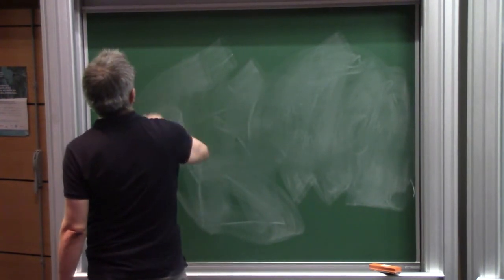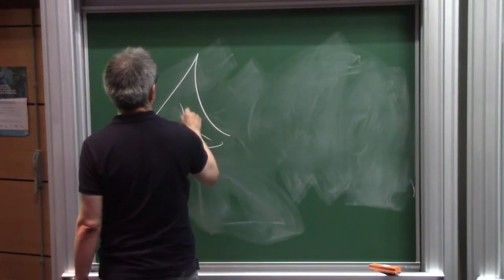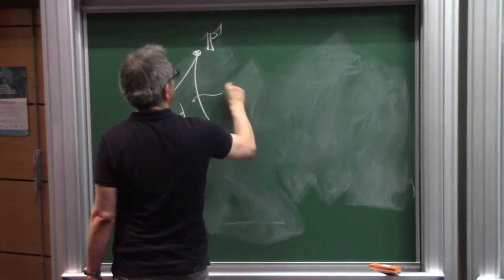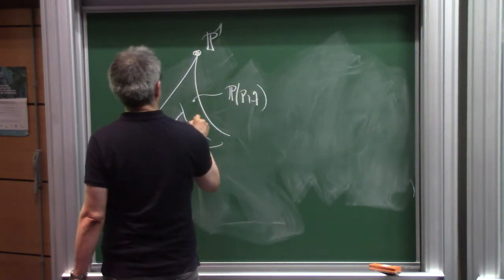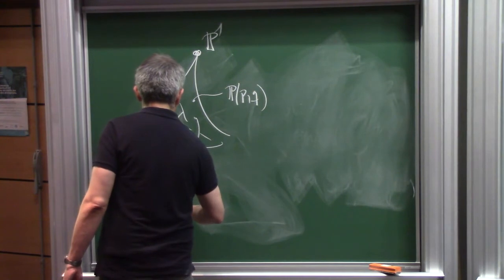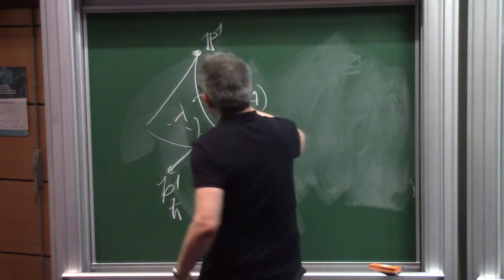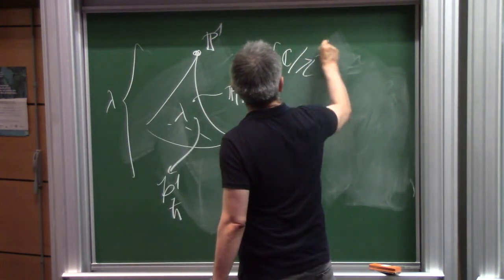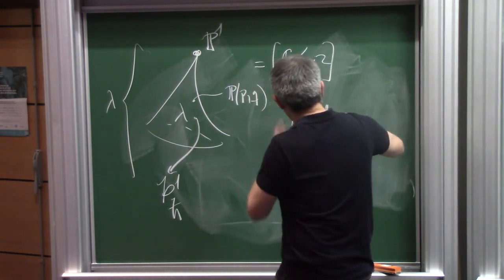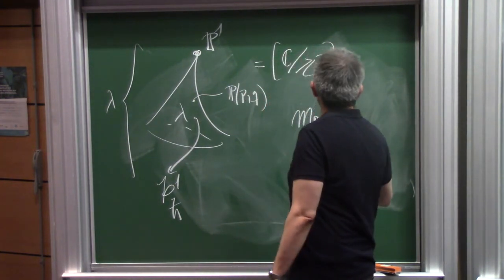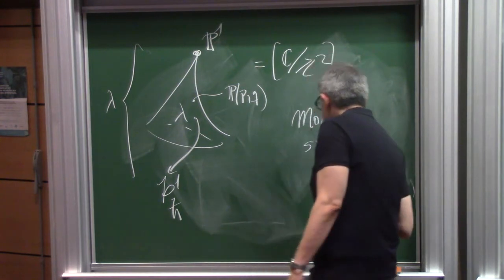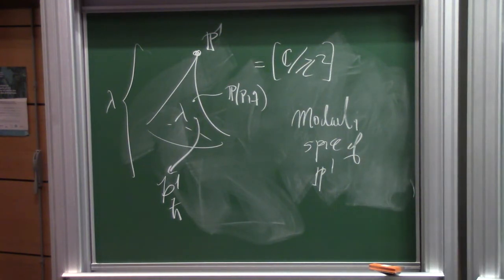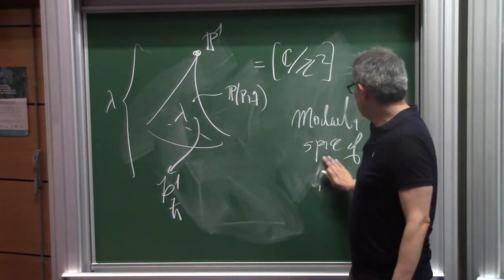Well, I won't say much more. But lambda is a coordinate for the moduli space of P1s. And this moduli space can be done not only for P1.